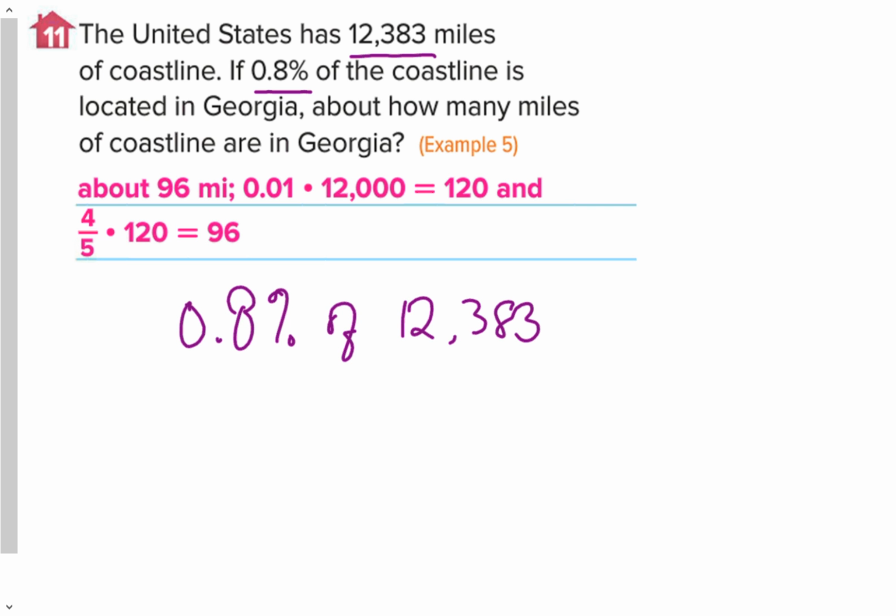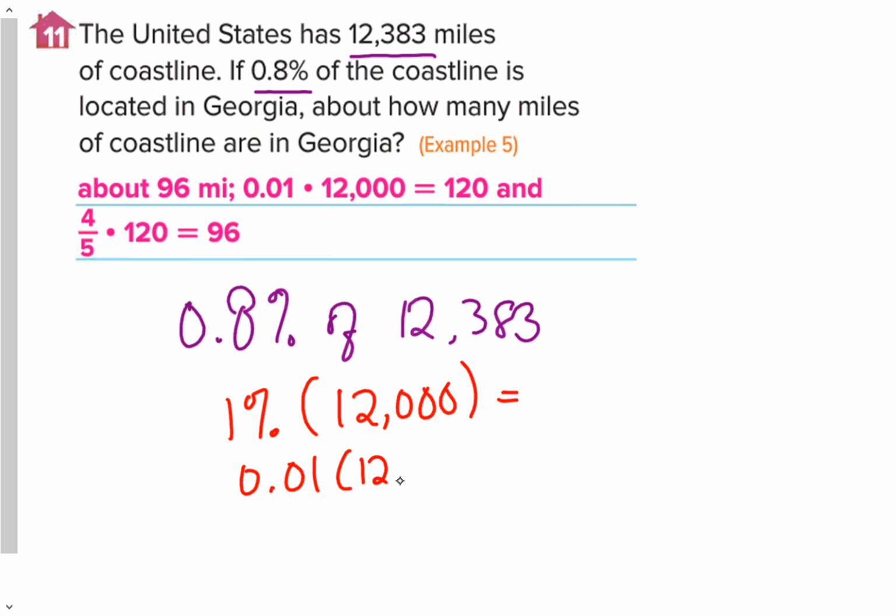So we're going to do 1%. Again, this is a fractional one. So 1% of means times. And I'm going to round this 12,383 to about 12,000. That actually is going to equal 0.01 times 12,000. And again, we're going to get a nice clean number of 120.